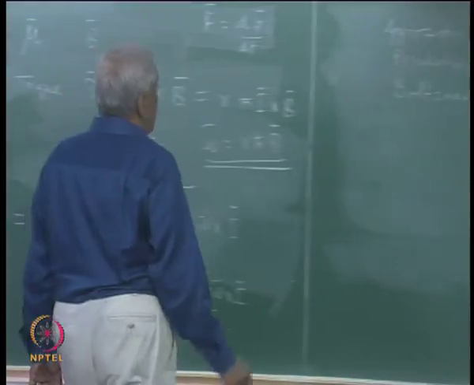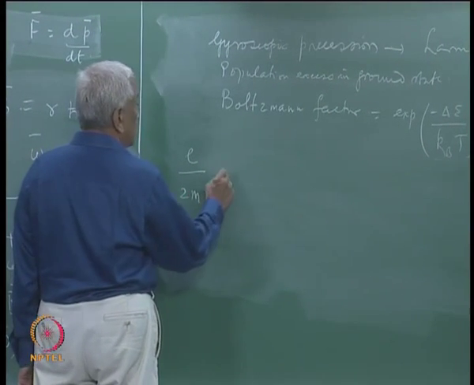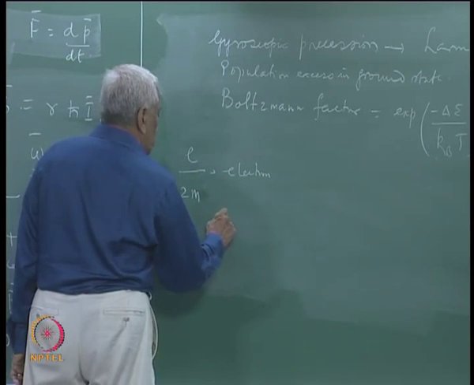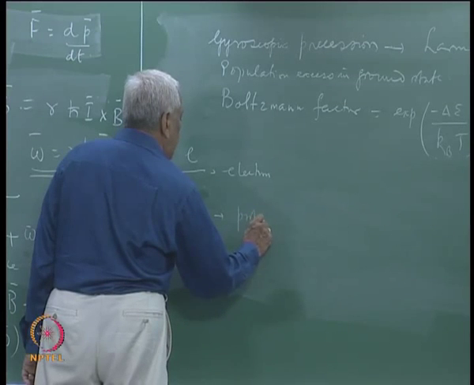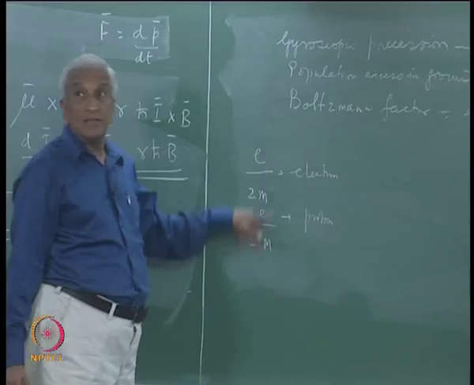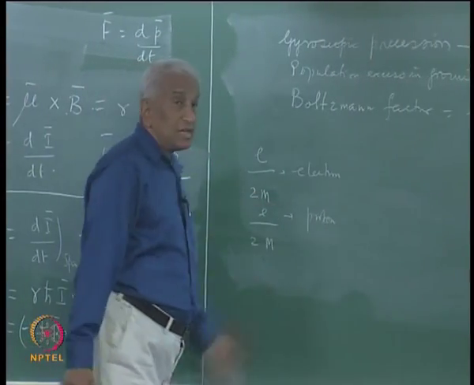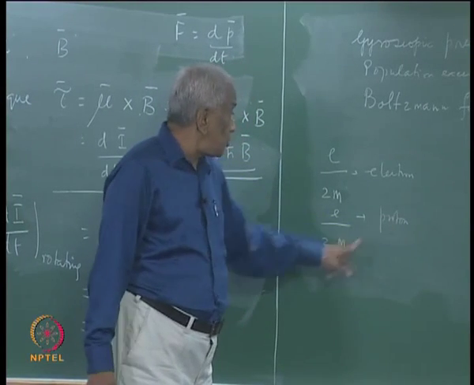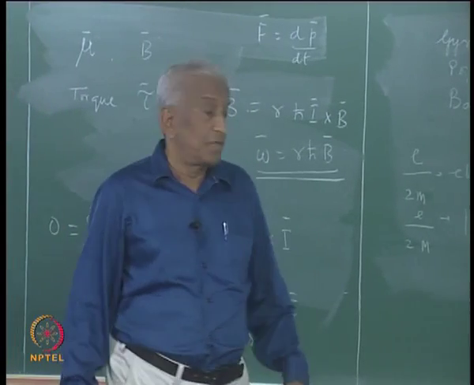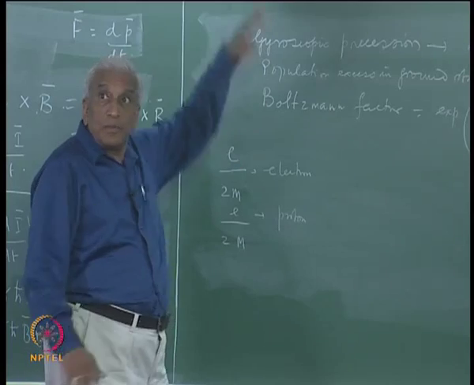Now, the magnetogyric ratio is e by 2m in the case of the electron, while for protons it is e by 2M, where M is some 2000 times, 1873 times the mass of the electron, and therefore, the proton magnetic moment is that much weaker, a factor of 1000 weaker, and therefore, the energy levels are smaller, whereas here the energy levels are much higher.